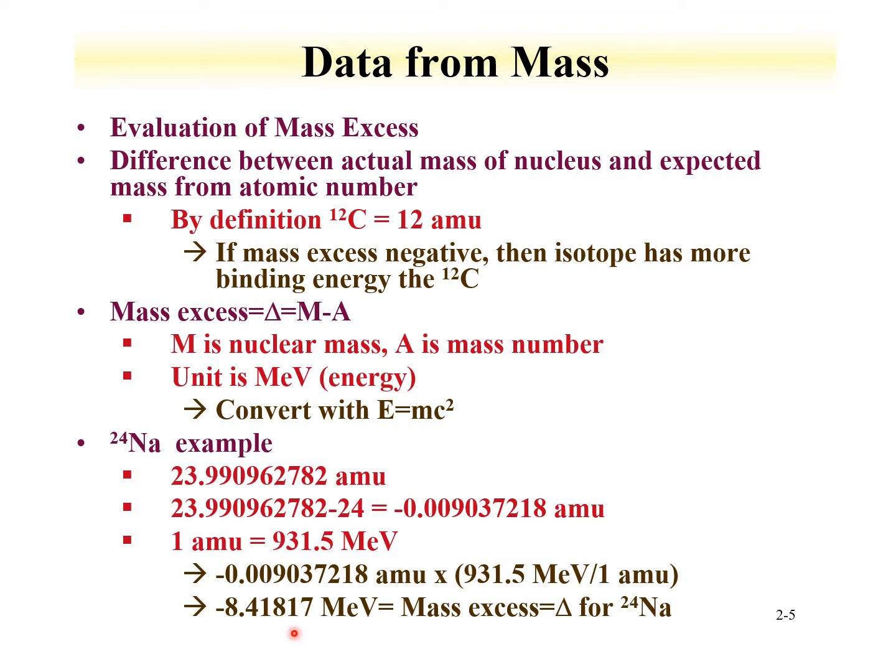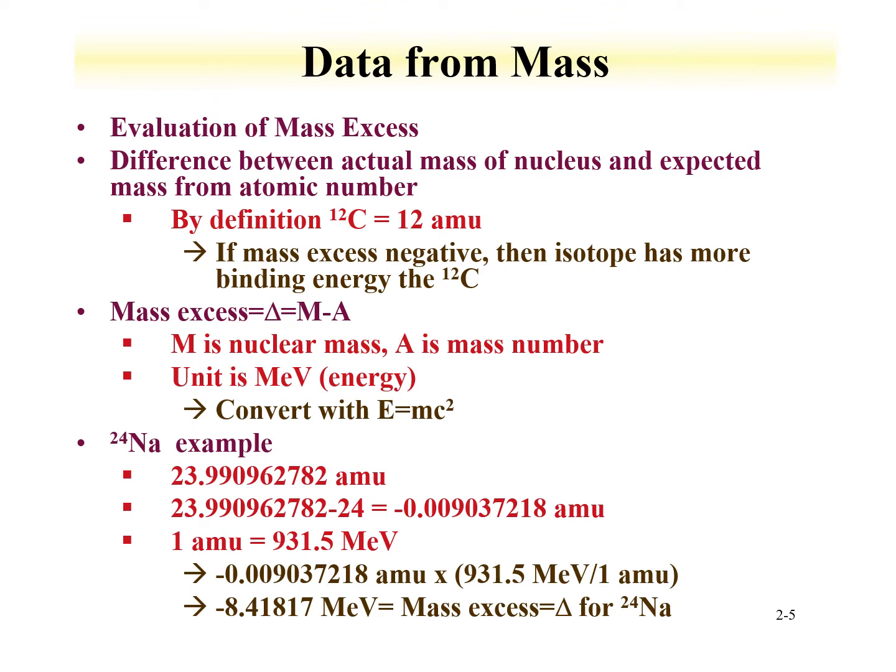If I take this value and multiply it by 931.5 MeV per atomic mass unit, I get that the mass excess for sodium-24 is equal to negative 8.418, etc., MeV, mega electron volts. This is a value that we could use for equations, and it's a way of quantifying how changes in this atomic mass unit can be used to help us understand reactions.